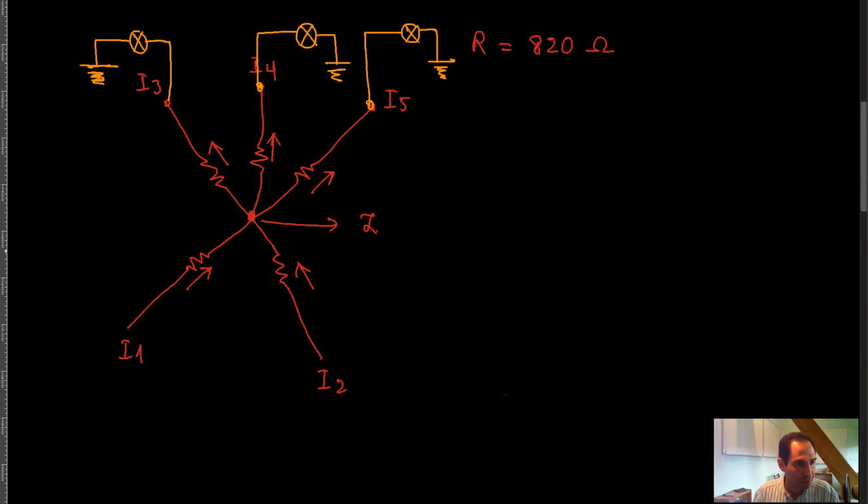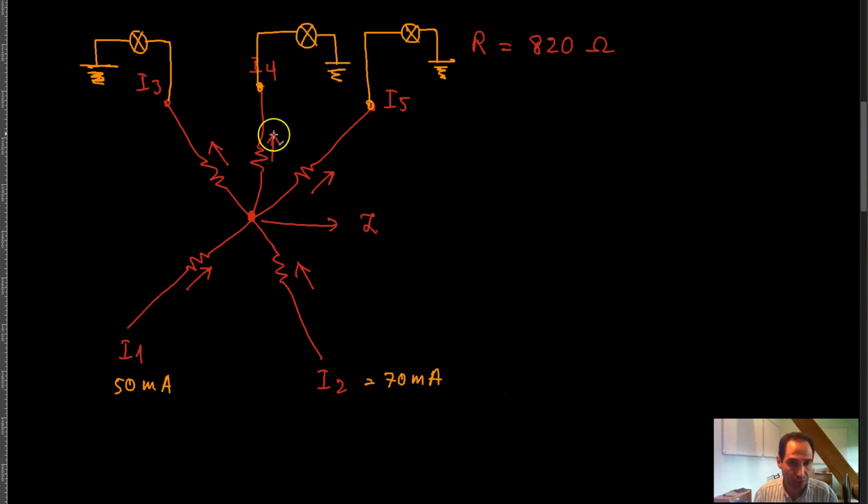And let's assume that I1, this current over here, is 50 milliamp. And let's assume that I2 is equal to 70 milliamp. Okay. Now, what is the power dissipated in the resistor carrying current I5?